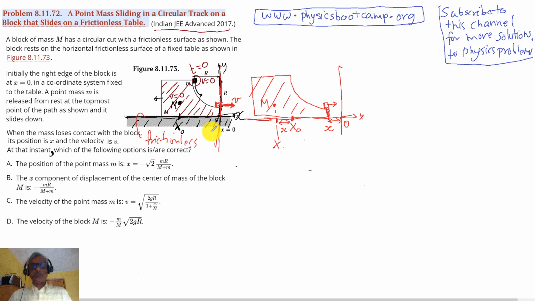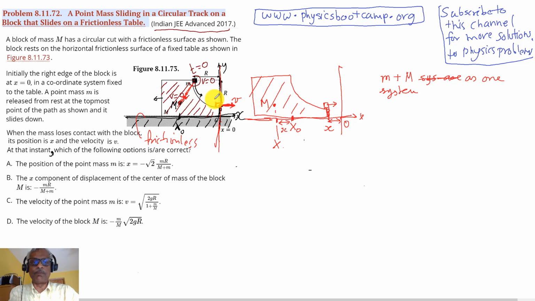So if you look at little mass plus big mass as one system, so let's see this guy and this guy, initially the center of mass is maybe over here.